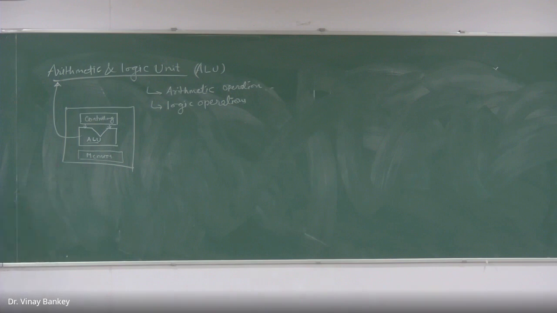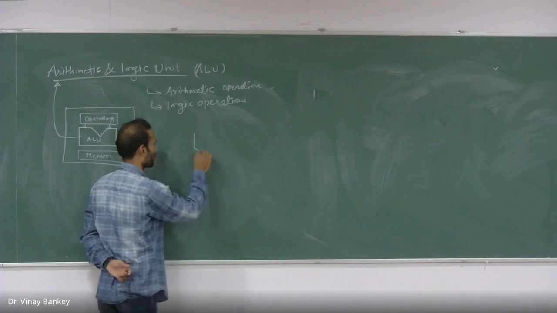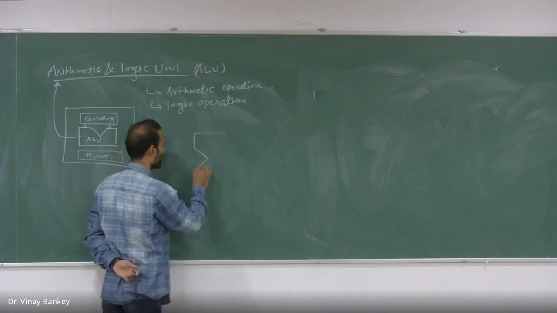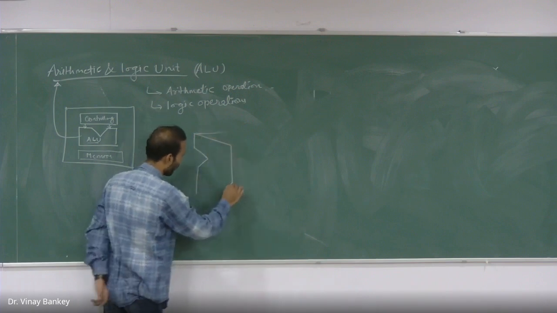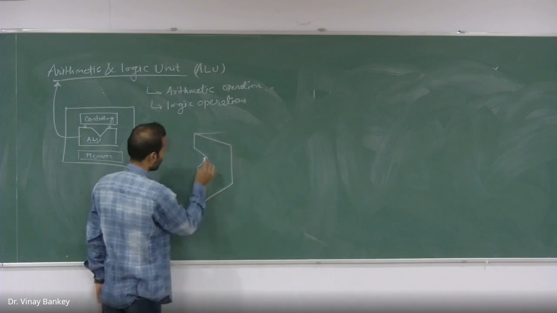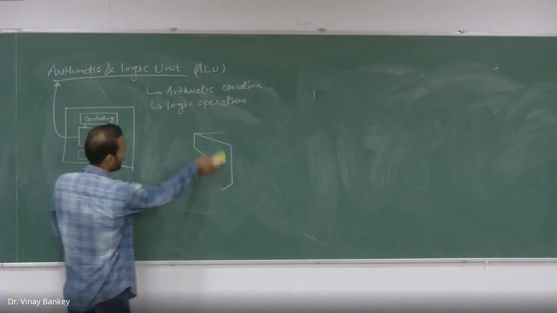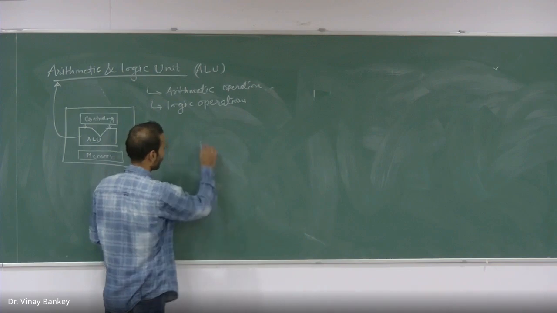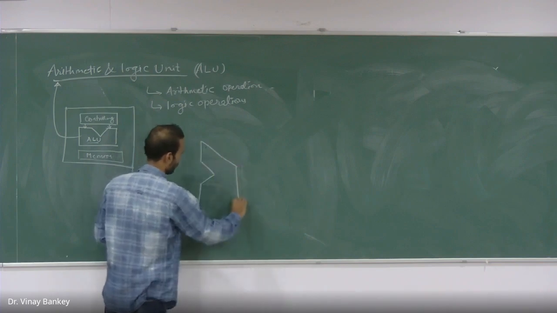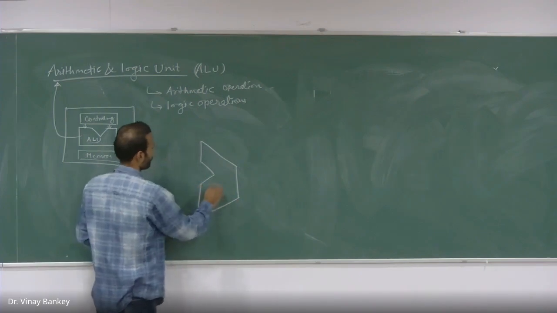The general notation for this is like this. You find in the books that they represent the ALU in this form. This is your ALU.